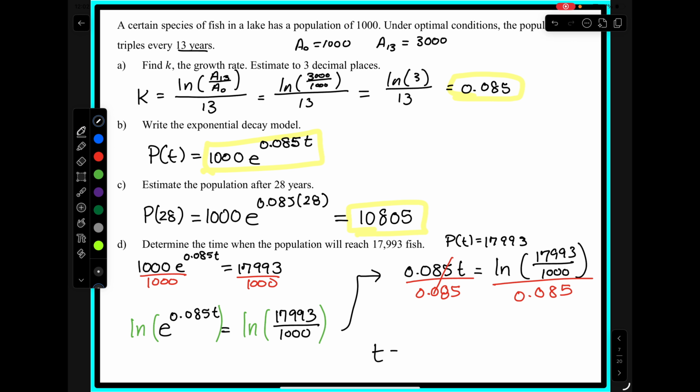So we get that t equals the natural log of this ratio of the amount that I want to get to divided by the original amount, and then that value divided by the k value.